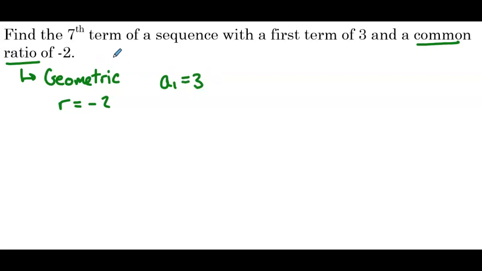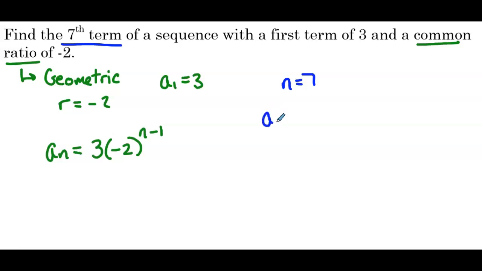So if we're looking for the seventh term, first thing we're going to do is write that explicit formula again. So a sub n, geometric, we're using that exponential function. The coefficient is 3. The base is the common ratio of -2 to the n minus 1. And now we're looking for the seventh term, so that's n equals 7. So a sub 7 equals 3 times -2 to the 7 minus 1.